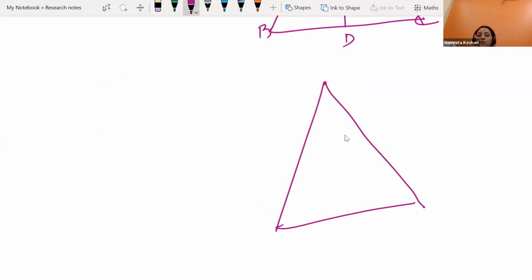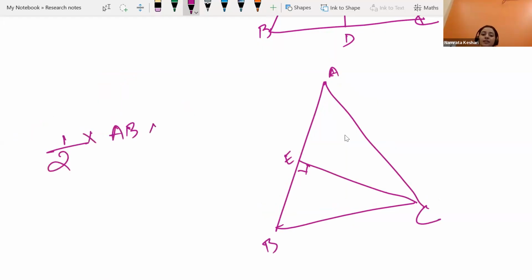Or the same triangle I am copy pasting over here. If you know this is perpendicular, this is C, then you can find the area: 1 by 2 into base AB and height CE.